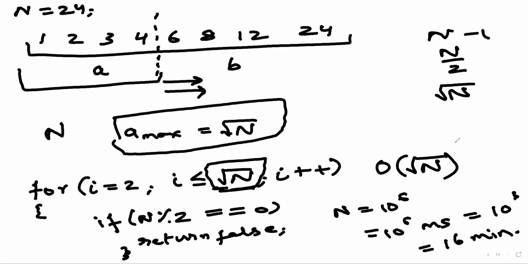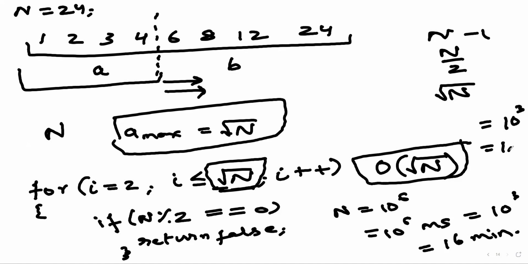But in this optimized approach, if n is 10 to the power 6, this would take us root n. So root of 10 to the power 6 would be 10 to the power 3. That gives us about 1 second.